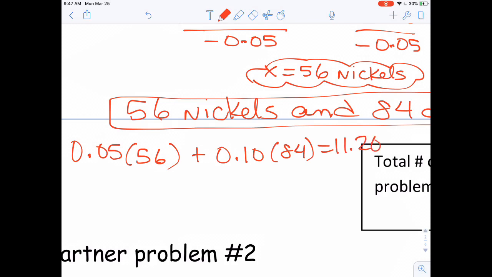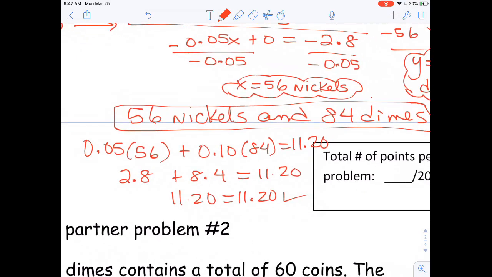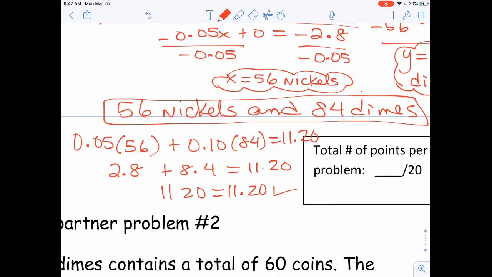So multiply 56 times 0.05. That gives you 2.8, and this is 8.4. Add those together, it should give you $11.20, which indeed it does. So you can see we did it correctly. So this answer right here is the correct answer. So make sure you add those up and make sure it equals 140 coins.